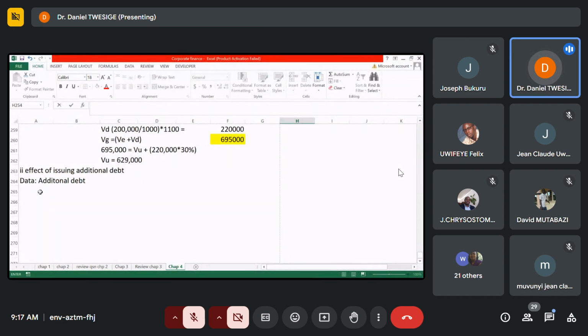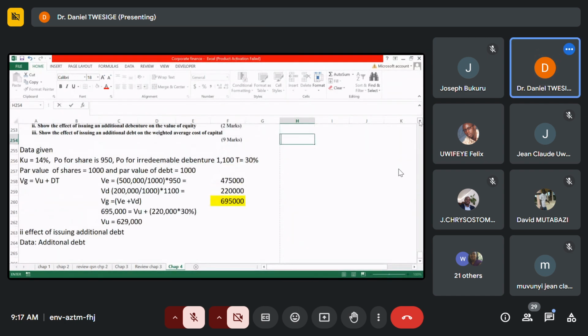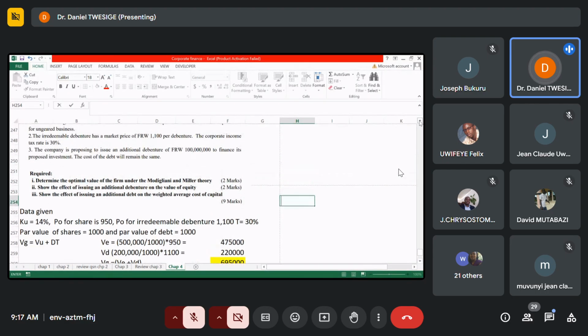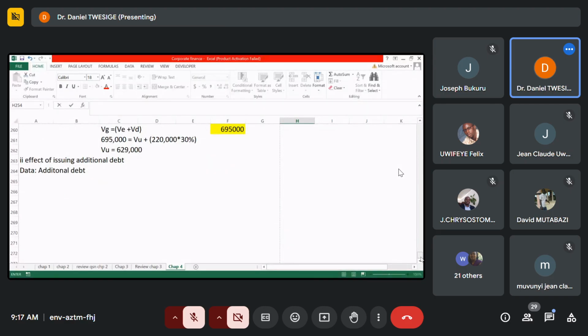So if we look at our additional debt in the question, it is 100 million. That's the additional debt. What's the current debt? The current debt is 220. Here I should reduce 3 zeros; hope you will remember that.